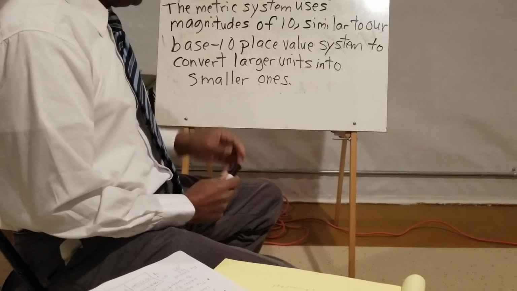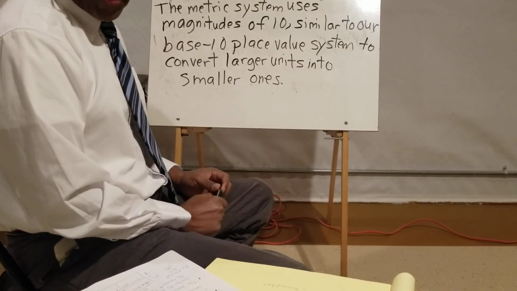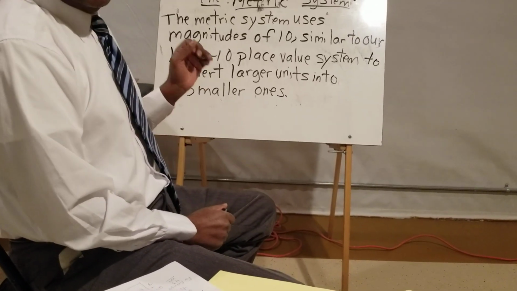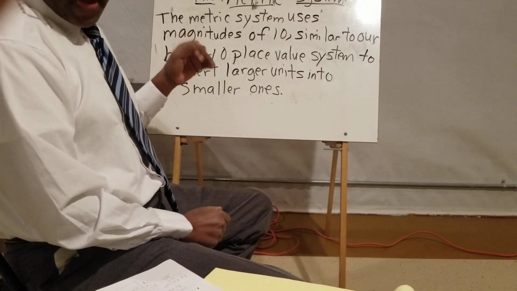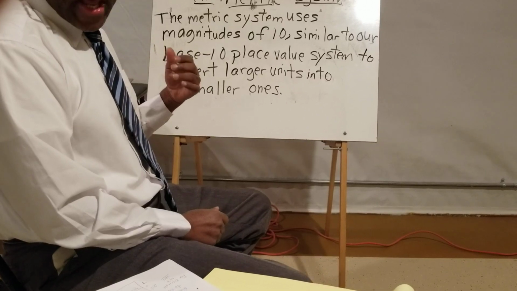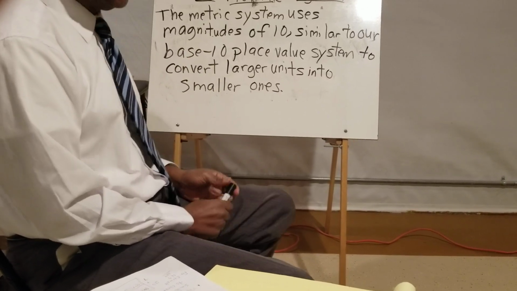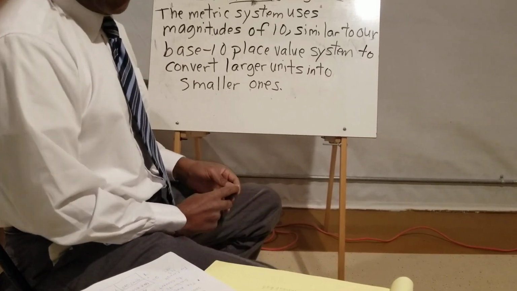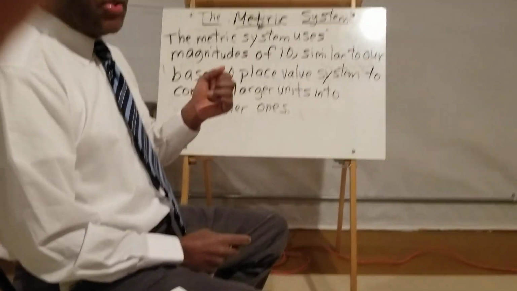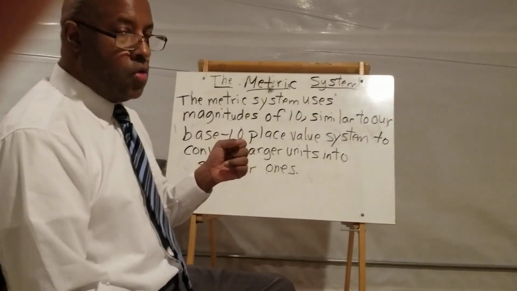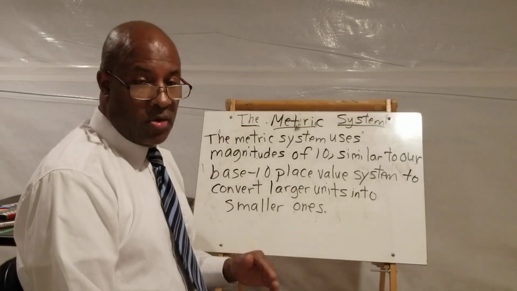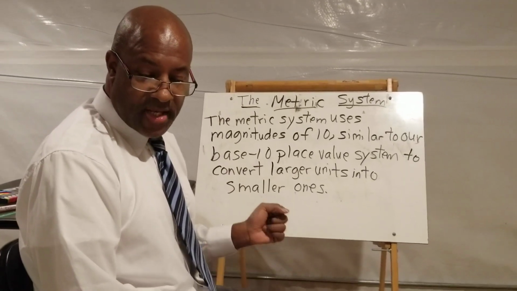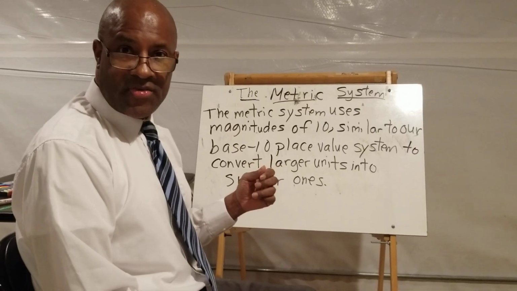What you're going to find out, boys and girls, is that using the metric system is a whole lot easier than what we use in the United States. Case in point, I think the United States probably is the only country, or one of few, I won't say the only, but one of few countries that does not utilize the metric system.